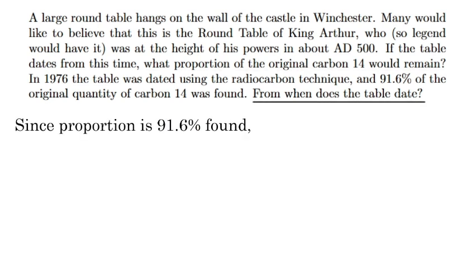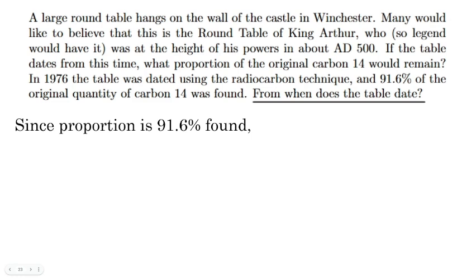Now, the second part of the question states that in 1976, the table was dated using a radiocarbon technique, and 91.6% of the original quantity of carbon-14 was found. We now have to answer, from when does this table date?